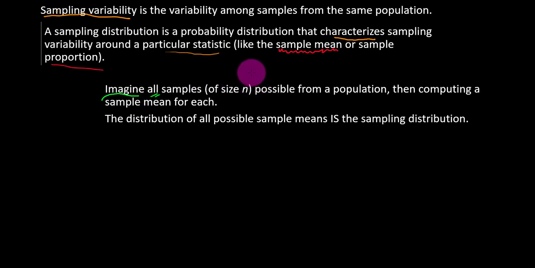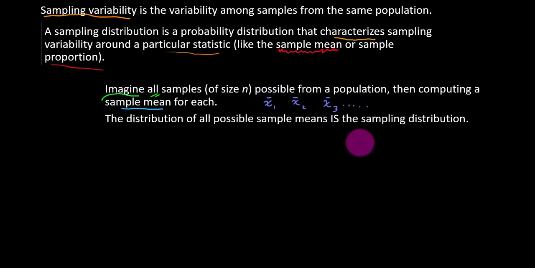And then compute a sample mean for each and every one of them. So you might have sample mean 1, sample mean 2, sample mean 3, and 4, and 5, and 6, and many, all of them. It's a lot. You don't generally go and do this, but we need to think about all these theoretical sample means.